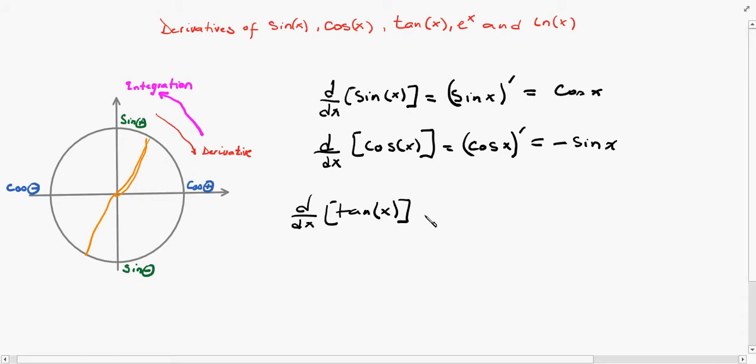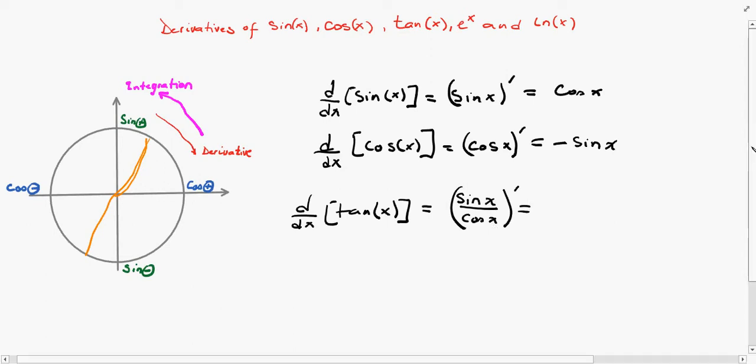So we can also write it here. Because we said we can write sine prime, we can say that it is the sine prime of x divided by the cosine of x, both prime, because we're deriving both. And you know that the derivative of sine is cosine. Here we can use the quotient rule to work this out.